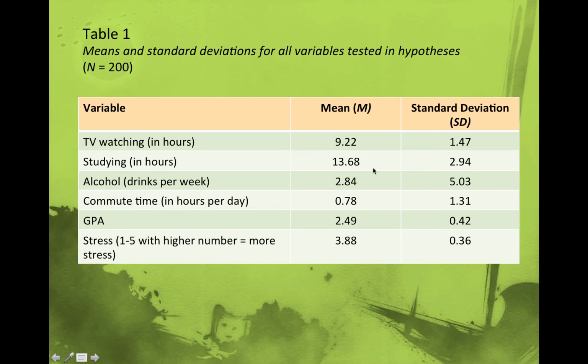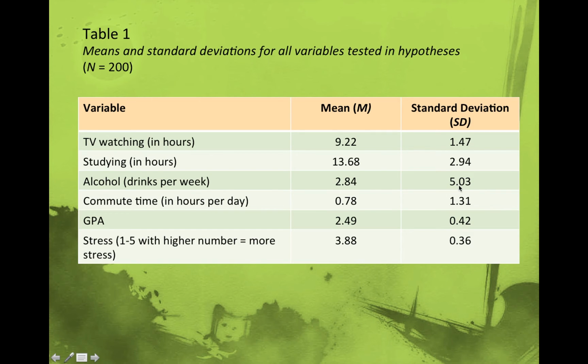In this column you have the means or the averages. Probably all of you are very familiar with average. And then the standard deviation. We're not going to go into great detail about the standard deviation. What you do need to know for the purposes of this class is that a larger standard deviation means that the variable has more variance in it, and so the range is larger.